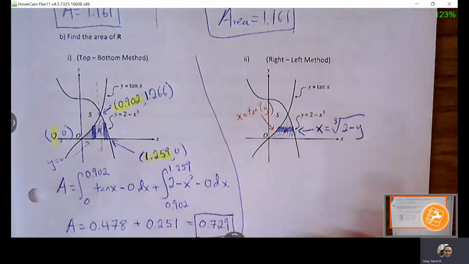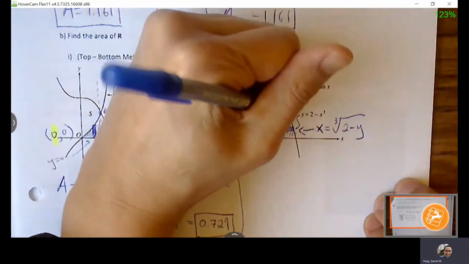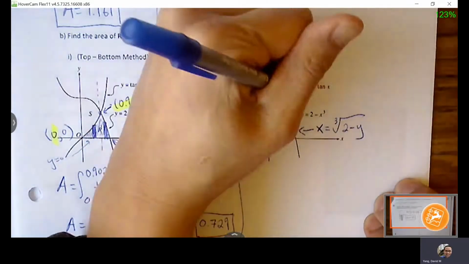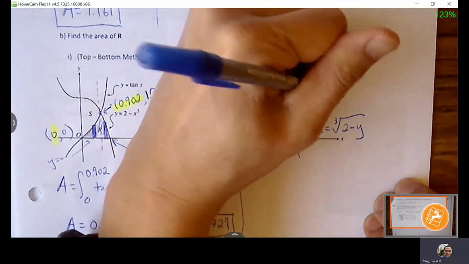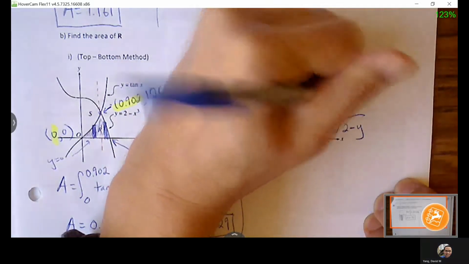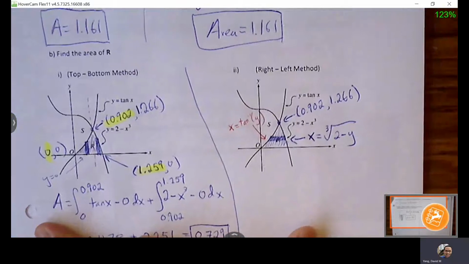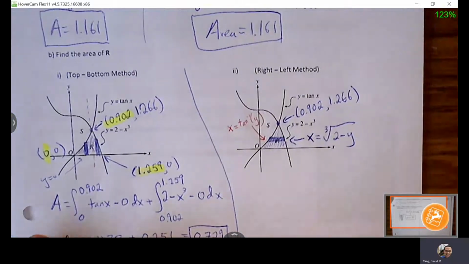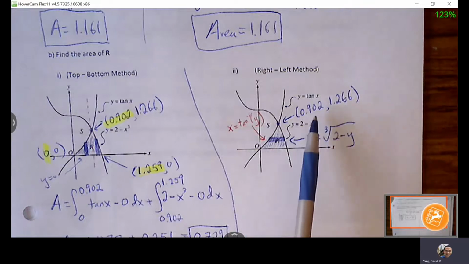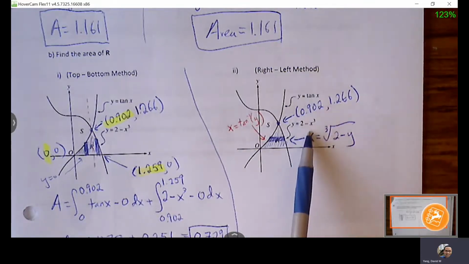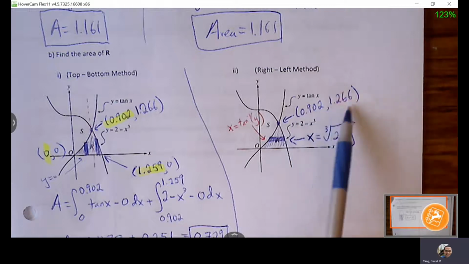Right minus left. We can identify our intersection point, but we're only going to use the what? The y value, right? So again, on the 36 Pro, if you want to find that 1.266, you can just plug 0.902 into x of your tangent or x of your 2 minus x cubed, and that 1.266 should appear.